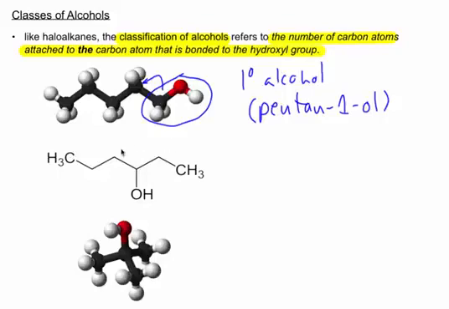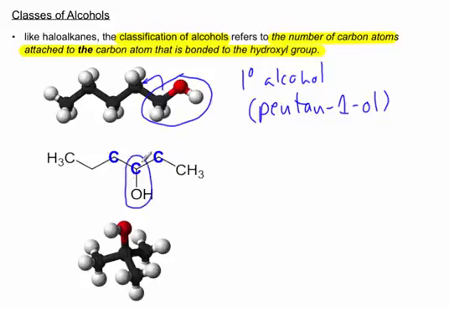Now, we also have secondary, and so this is going to be an example of a secondary. Don't forget there are carbons present in this stick diagram. They're not shown, but I'll just show them there. And once again, look for the functional group and the carbon.